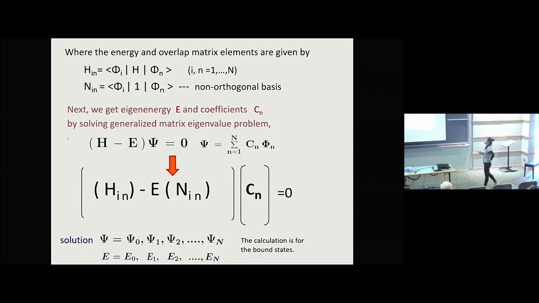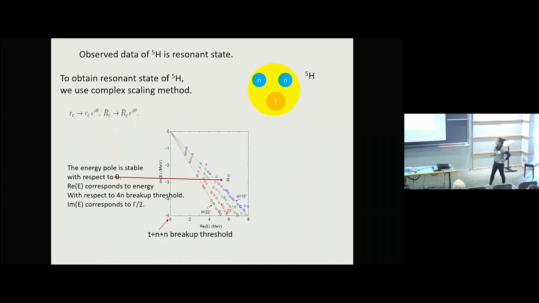Then, by solving the generalized matrix eigenvalue problem, we get the energy E and the coefficient C, like this. And then we can get a set of wave functions and also a set of energy eigenvalues. So it should be noted that hydrogen 5 is a resonance state.